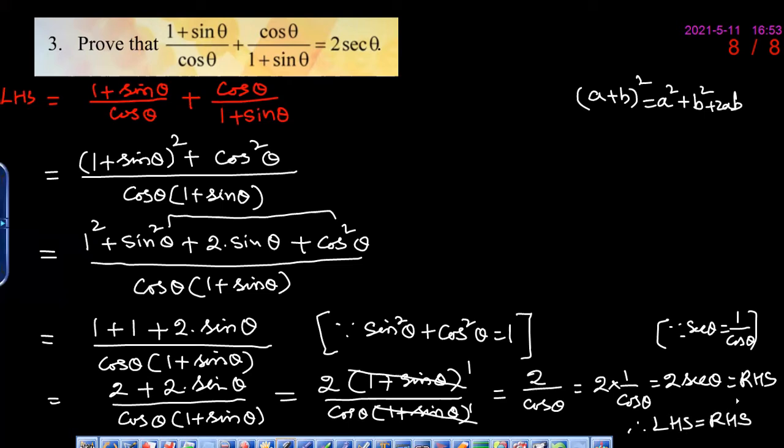Very simply we can use the fundamental identities and formulas, substitute and simplify, and you will get the answer very easily.